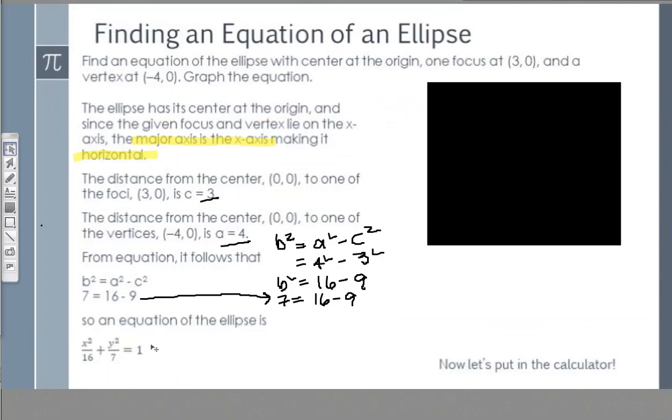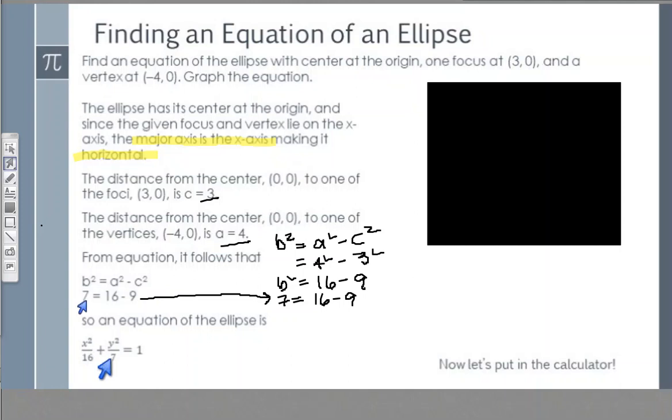I take that A value, and when we square it, it's 16. Then this is my B value, I'm sorry, my B value, which is 7, and it's already squared, and you can see that.